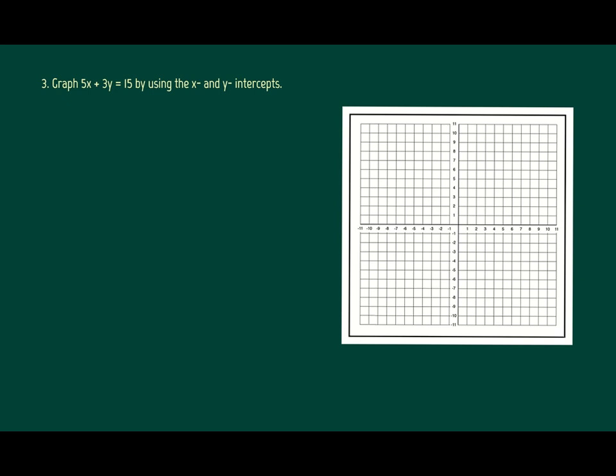This last problem, I have graph 5x plus 3y equals 15 by using the x and y intercepts. So again, I'm just going to plug in zeros for the x and y separately. So 5 times 0 plus 3y equals 15. So it'd be 0 plus 3y equals 15. Divide both sides by 3.